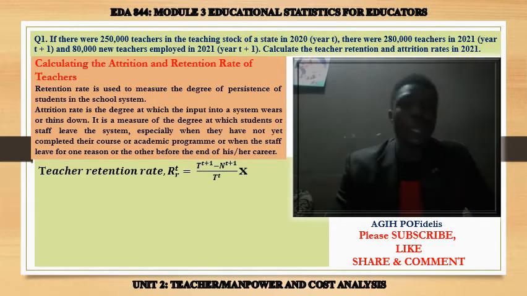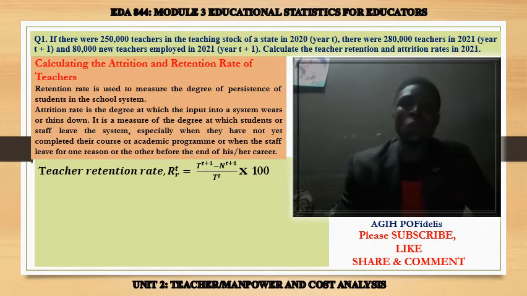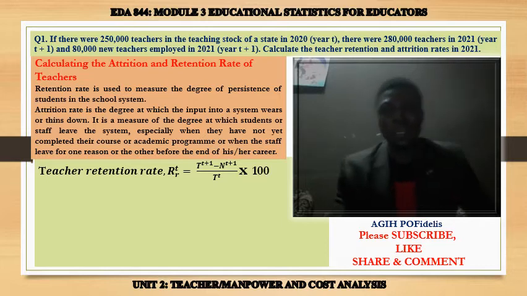So in summary, the teachers' retention rate measures the extent at which teachers are retained in the school system, while the attrition rate measures the extent at which teachers leave the school system.